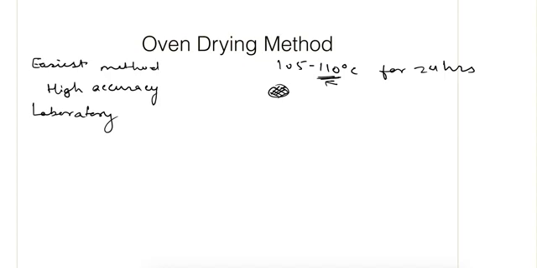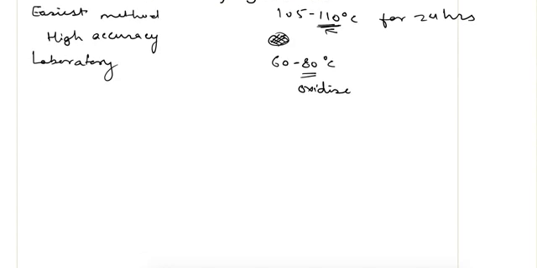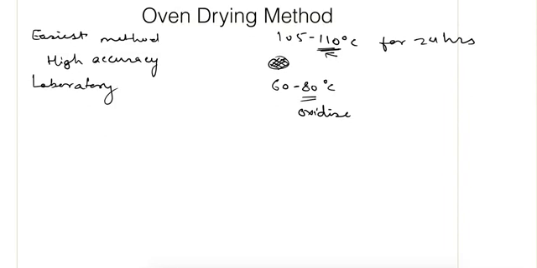If it is a sample of organic soil, then the temperature should be between 60 to 80 degrees Celsius, because if we go beyond this temperature in this case, then whatever organic matter is there starts to oxidize. So we need to take care of these things, and we can simply do this test.